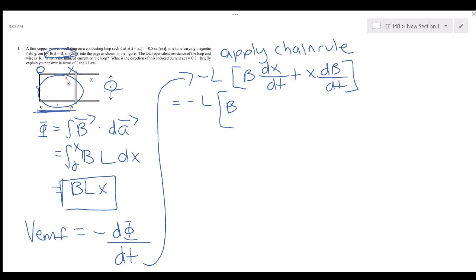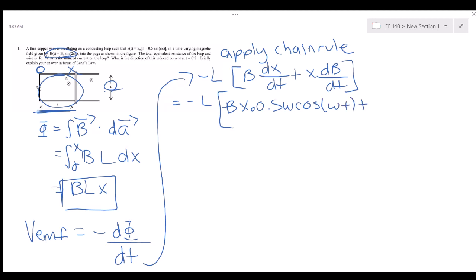The time derivative of that is going to be negative x naught times 0.5, since x naught and 0.5 are constants, and then the derivative of sine omega t is omega cosine omega t. So we have our negative right there, and then we write omega cosine omega t.